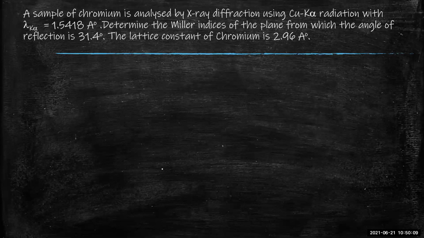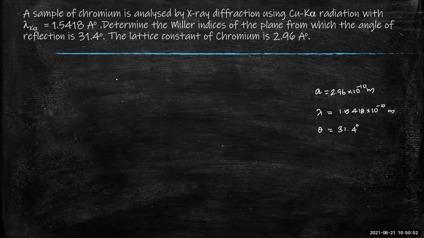The lattice constant of chromium is 2.96 angstrom. A is given, A is equal to 2.96 into 10 raised to minus 10 meter. Lambda is given, lambda is equal to 1.5418 into 10 raised to minus 10 meter. Theta is also given, it is 31.4 degree. We have to obtain the Miller indices for the plane.